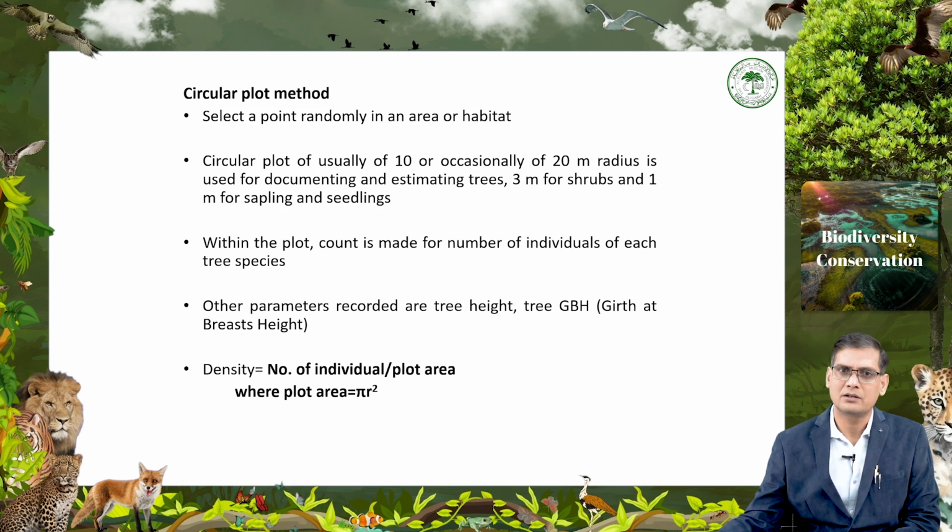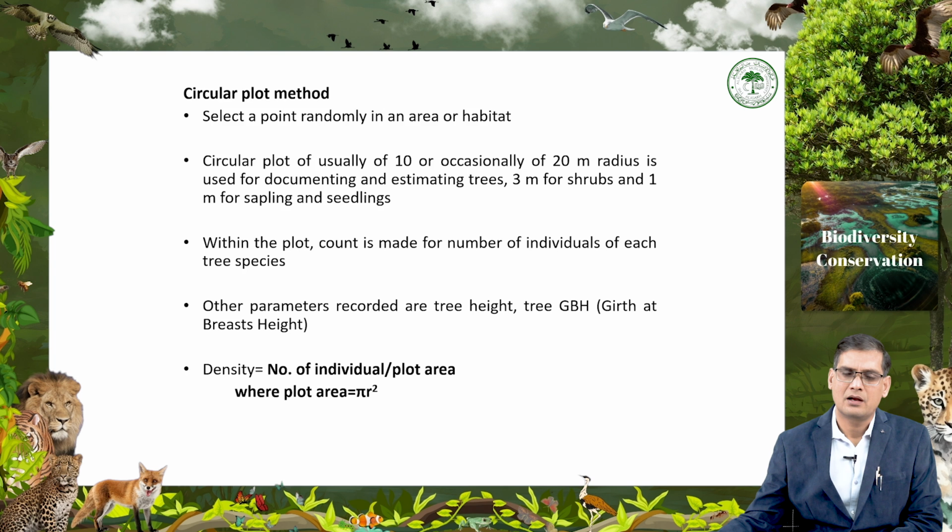Within the plot, a count is made of the number of individuals of each tree species. Other parameters recorded at the sampling point are tree height, tree GBH, and other parameters.